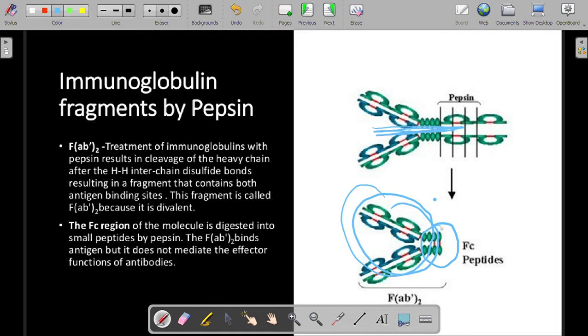So F(ab')2 binds antigen, but it does not mediate the effector function because the Fc portion was digested completely, so we will not get it in the gel. This is the difference between the digestion with pepsin and papain. This diagram also very beautifully shows how this experiment was conducted.